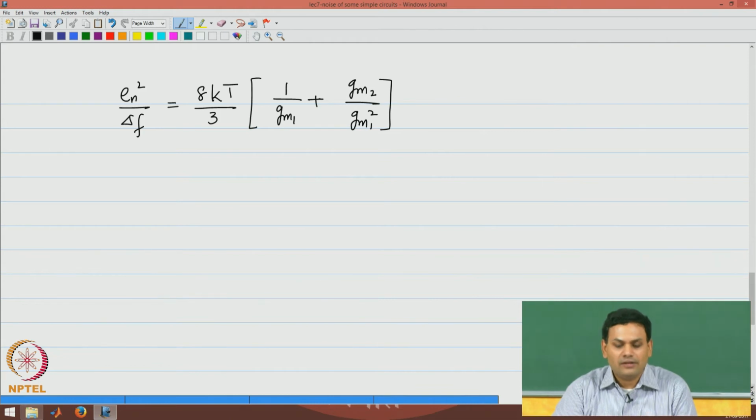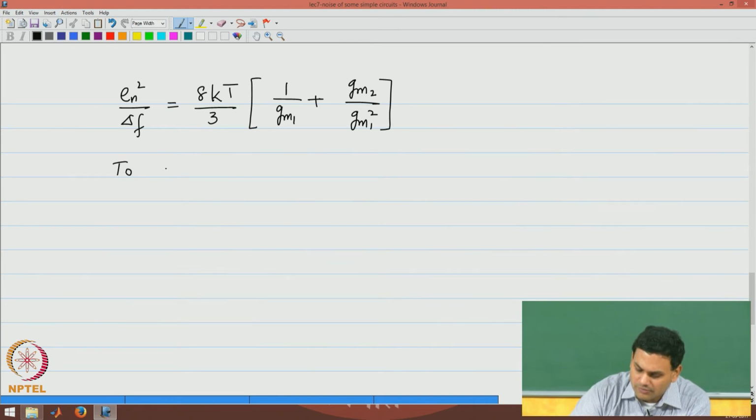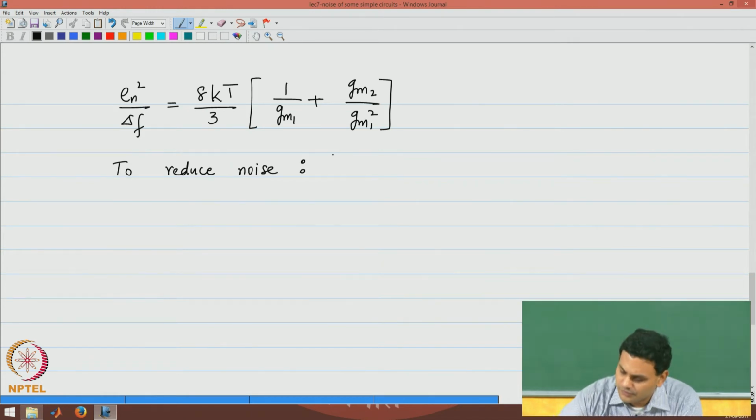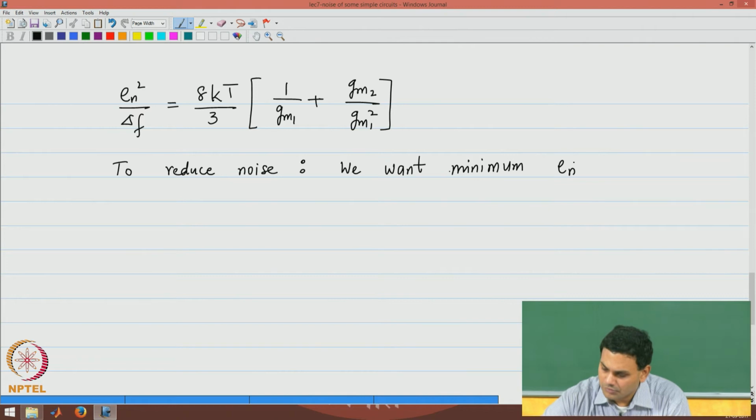Now, clearly for an ideal noiseless two port, En squared would be 0 and In squared would be 0. So, if I want to reduce noise, we want minimum En squared and In squared.